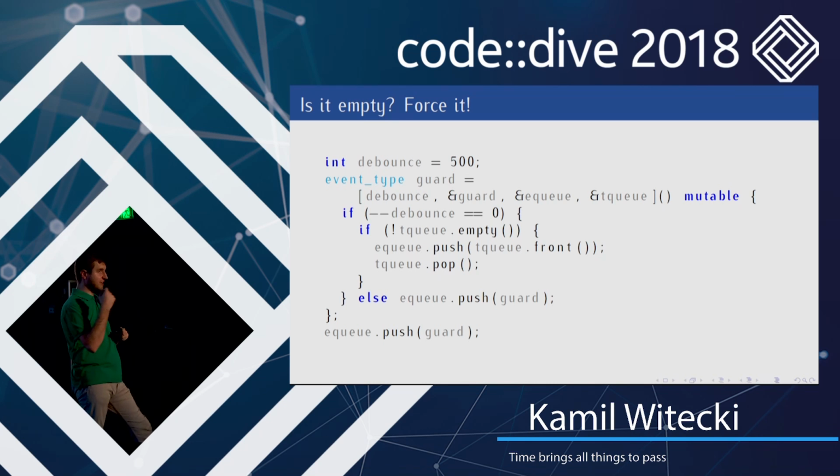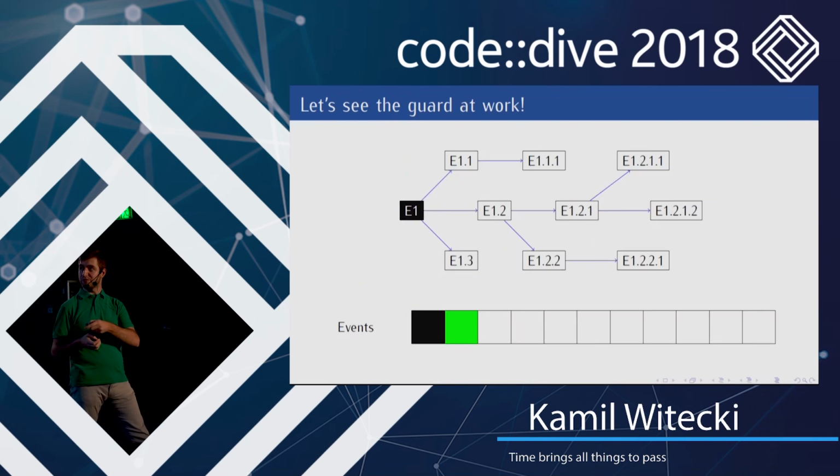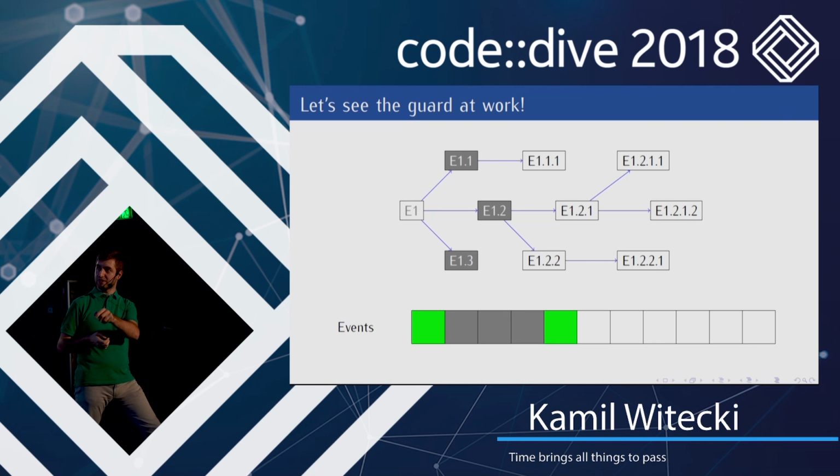So if I would have any other means of synchronizing the for loop with the fact that some part of the job was already done, then I could. So I could have a for loop with this kind of event that would synchronize it all over some kind of mutex or conditional variable. Then it's fine. But what's important here is that this event is pushed first to the beginning of the queue, then it goes to the end, and the next execution is precisely after this whole layer of events is drained.